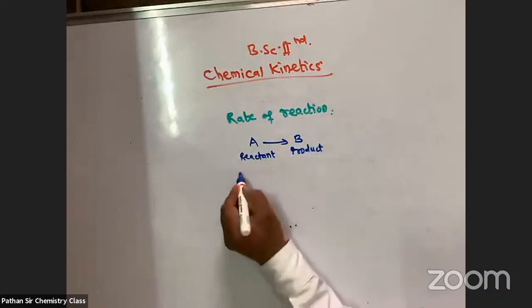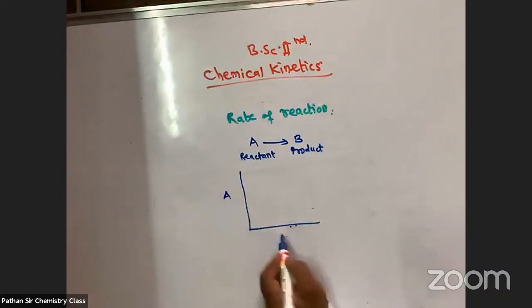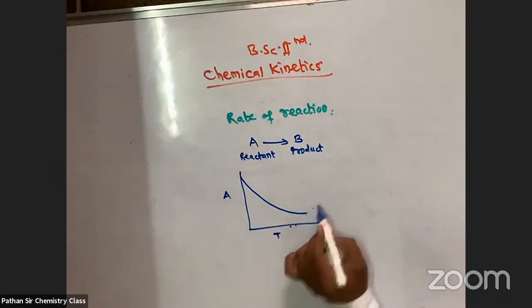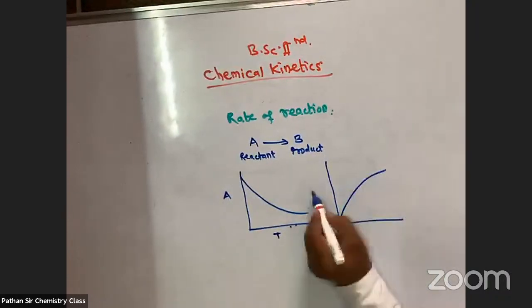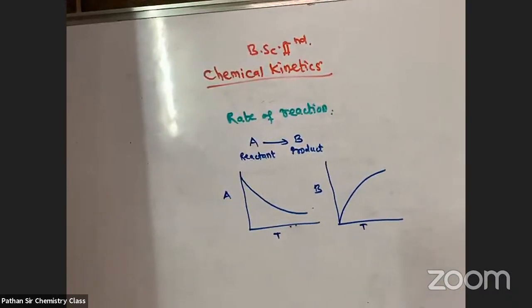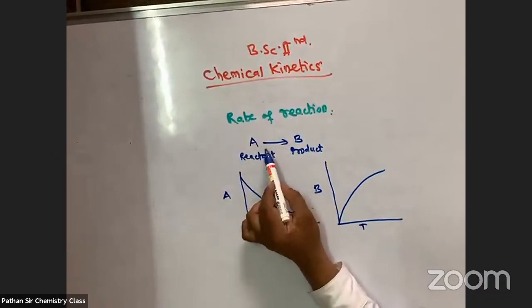Okay. Now, if you plot a graph, say concentration of A with time, then what happens? Concentration is continuously decreasing, and that of B, the product, continuously increases. So as the reaction proceeds, the concentration of A is continuously decreasing and that of B is continuously increasing.